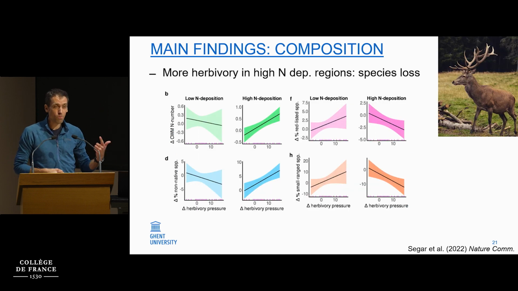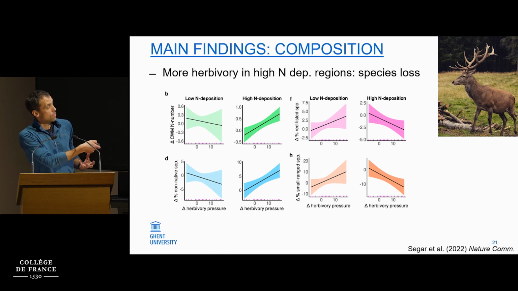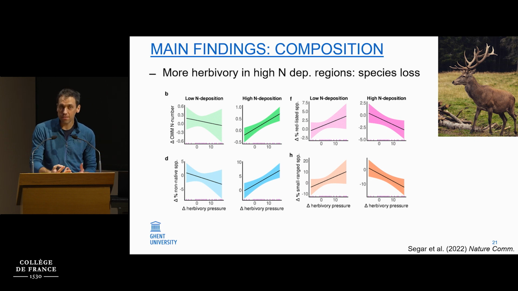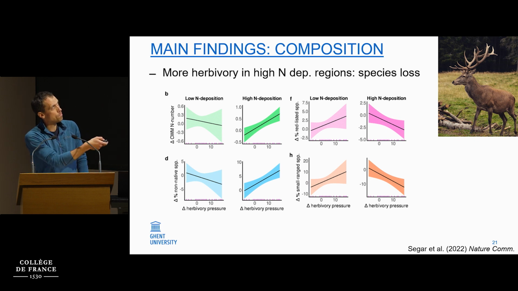And then to make things even more complex, also coming back to Don's story, the white-tailed deer can also change this pattern. So here on the x-axis, we plotted the herbivory pressure. So how many more deer or fewer deer are there in that particular forest? And first focusing on the high nitrogen deposition regions, we see that, for instance, the percentage of red-listed species declines with herbivory.